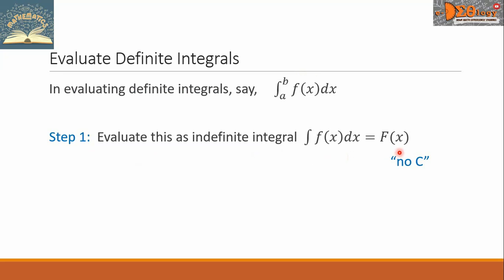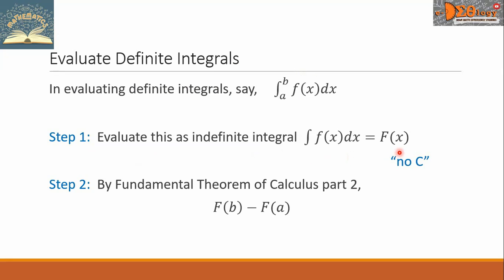This time, we will not add the C. Step 2 is, by the fundamental theorem of calculus part 2, we evaluate this function capital F of x with respect to the limits of integration. So we have F of b minus F of a.